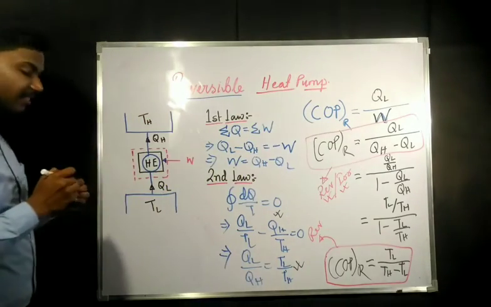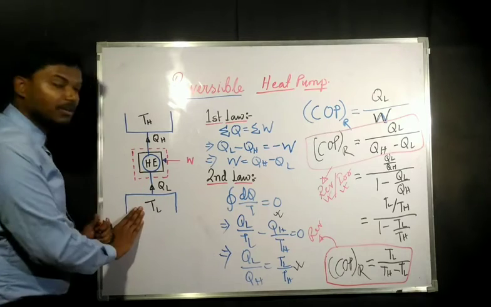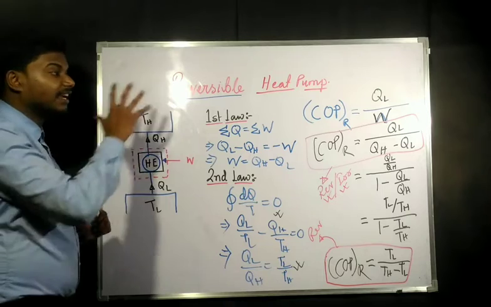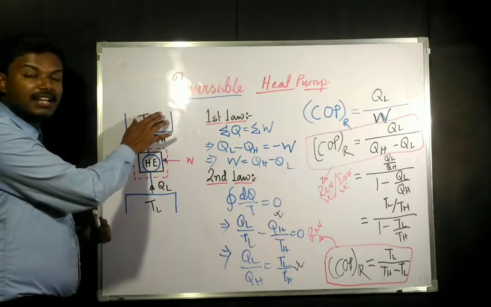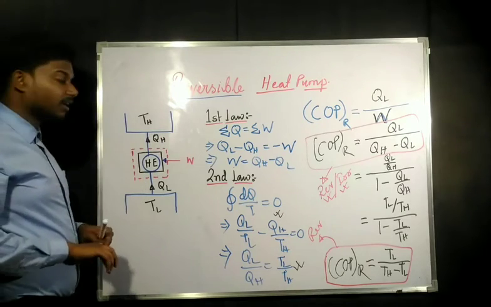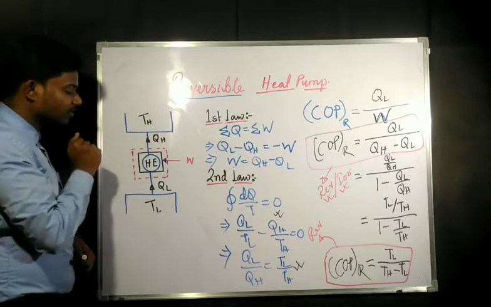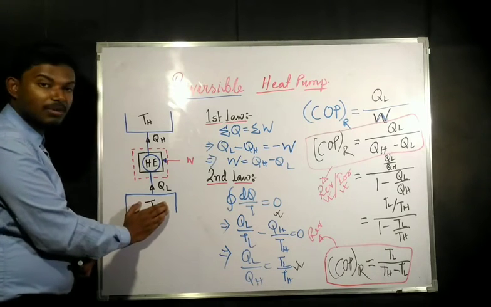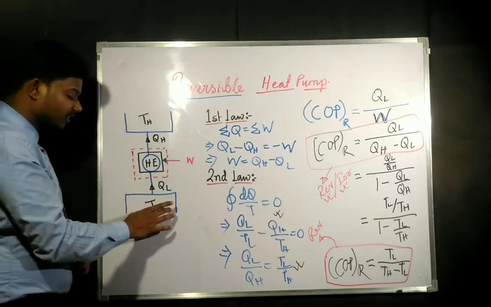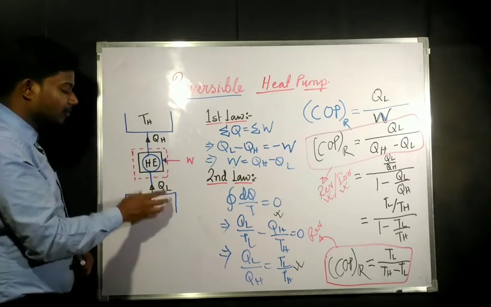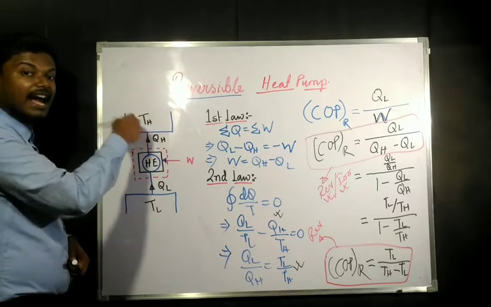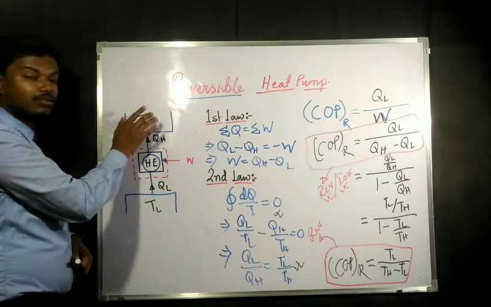Now in case of heat pump, the mechanism is completely the same, but now this is going to be our atmosphere, and this is going to be a reservoir at a temperature higher than the atmospheric temperature. In a heat pump, we need to maintain a temperature higher than the atmospheric temperature. So we take out heat from the atmosphere, the thermal reservoir at lower temperature, and give the heat to a space where we need to maintain a higher temperature.